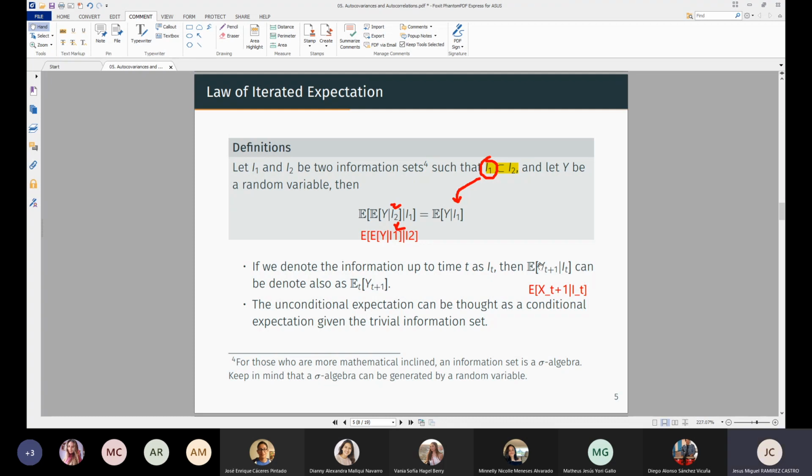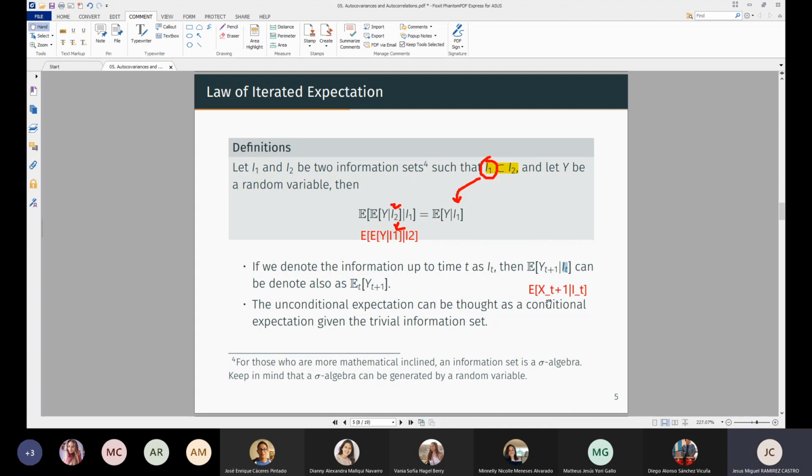We are trying to compute the expectation of this variable using the information here. Whether this information will be useful or not depends on the variable itself.